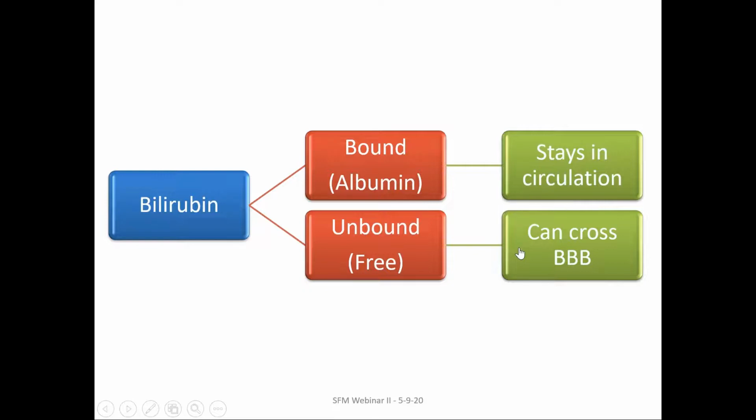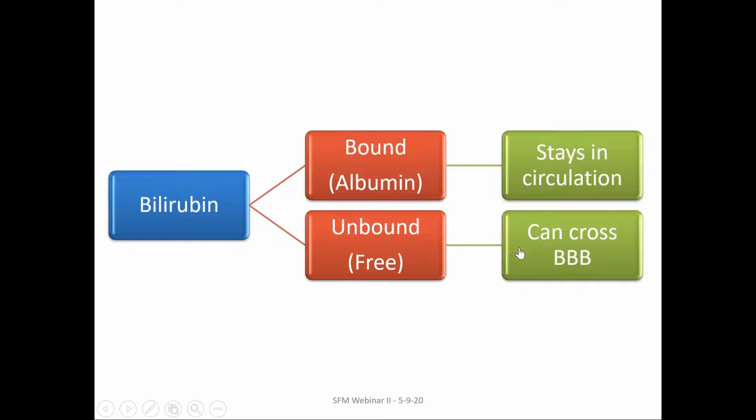The protein that binds bilirubin is albumin, as is the case with most protein-binding substances in the body. The bound fraction of bilirubin, the bilirubin bound to albumin, will not cross the blood-brain barrier and would only stay in the circulation, whereas it is the unbound form, or the free bilirubin, that is going to cross the blood-brain barrier.